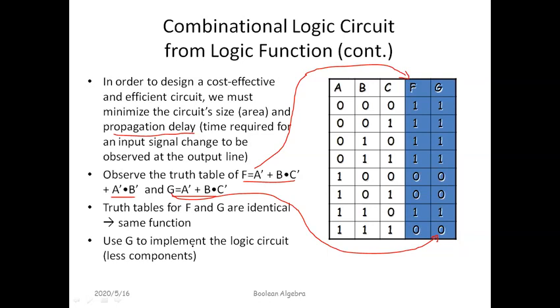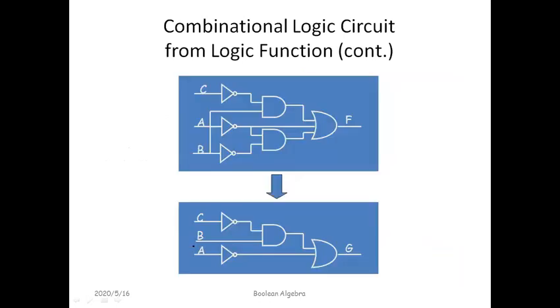Okay, so implementation. Let's look at this circuit. This is the circuit we just looked at. So simplifying this circuit further, we come up with this circuit here. So let's look at the output of this circuit.